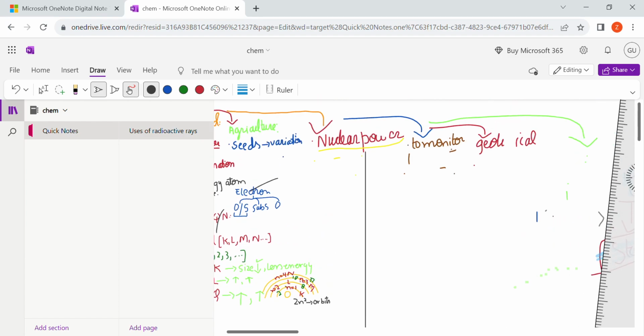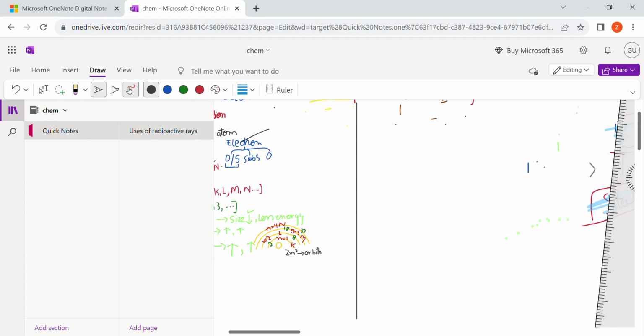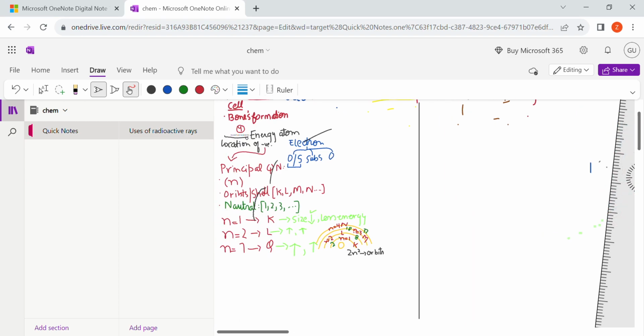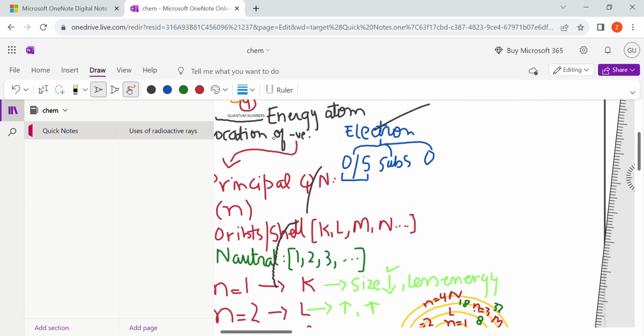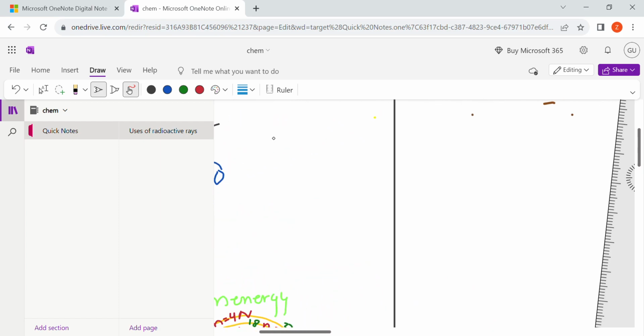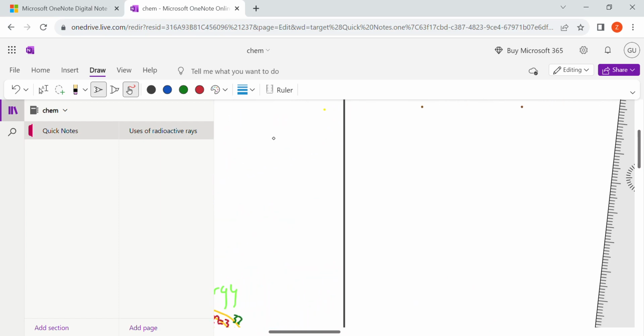Okay. Let's come back to here. Now the second quantum number, as I told you in the starting, we have 4 of them. But today in this video we are only going to focus on 2 of them. Let me write the second one, that is known as the azimuthal quantum number.